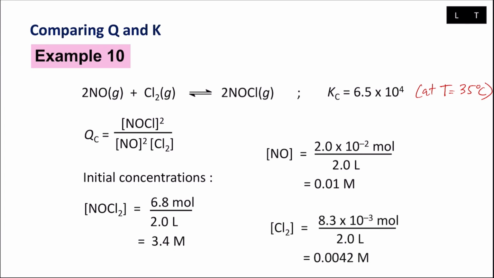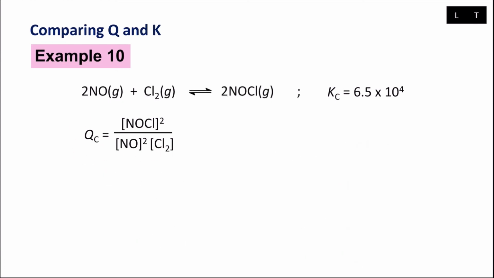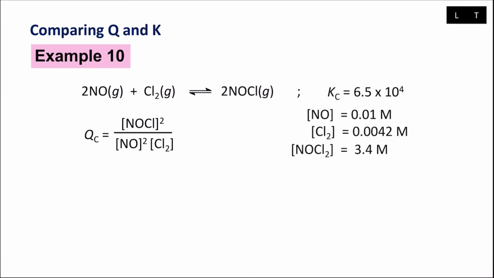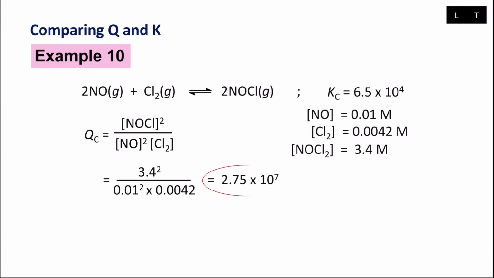So concentration ketiga-tiga species ini kita akan gunakan untuk masukkan dalam value expression QC. So mari kita teruskan. Kita ada this expression. I'm going to put all those value yang saya dah cari tadi masuk dalam kita punya expression QC dan saya dapat nilai QC which is 2.75 exponent 7.